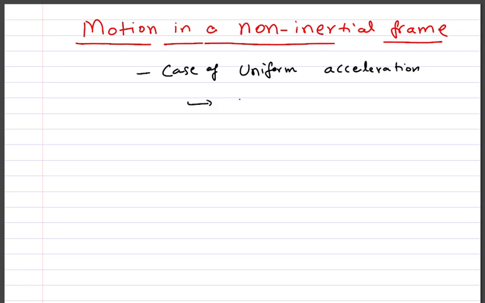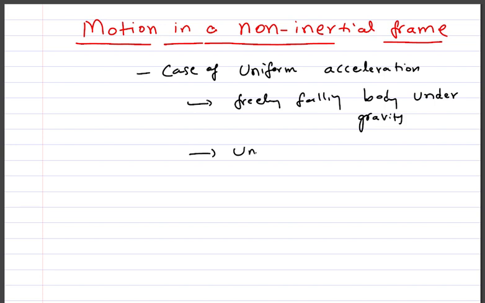An example is a freely falling body under gravity, and another example is uniform circular motion. Uniform circular motion means the number of revolutions per second is fixed, constant. Then it is a uniform acceleration motion, or a good example for a non-inertial frame.